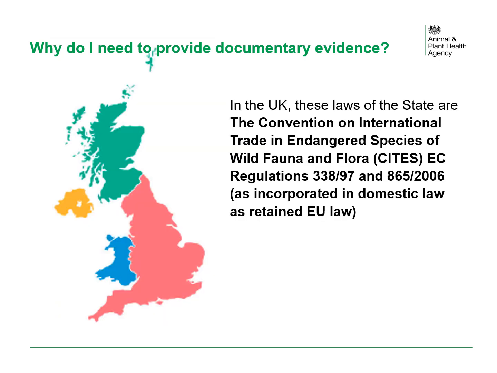In the UK, these laws of the state are the Convention on International Trade in Endangered Species of Wild Fauna and Flora, EC Regulations 338/97 and 865/2006, as incorporated in domestic law as retained EU law.